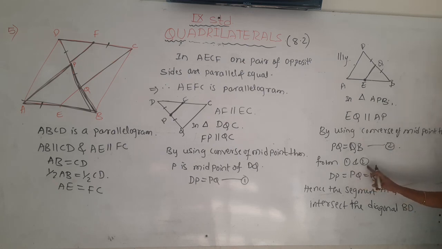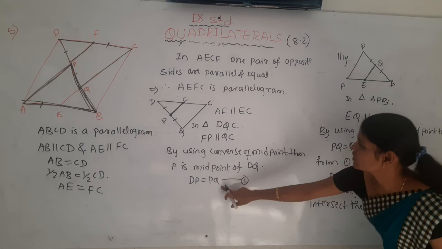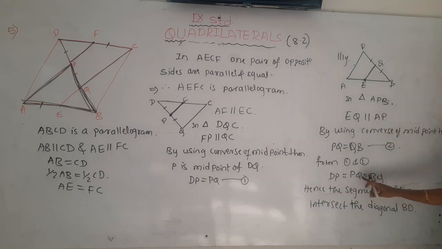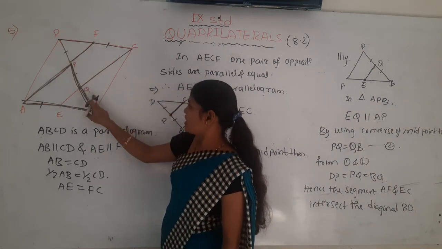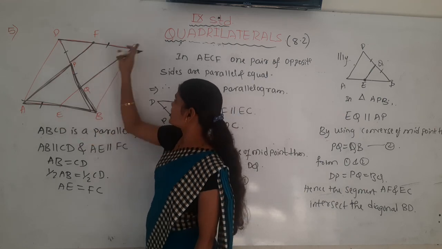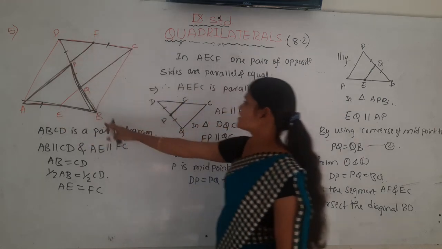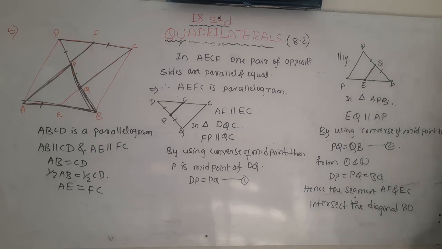So from 1 and 2, DP equal to PQ and PQ equal to QB, means automatically DP is equal to PQ equal to QB. So the lines EC and AF intersect the diagonal BD at P. Yes, and the segments AF and EC intersect the diagonal.